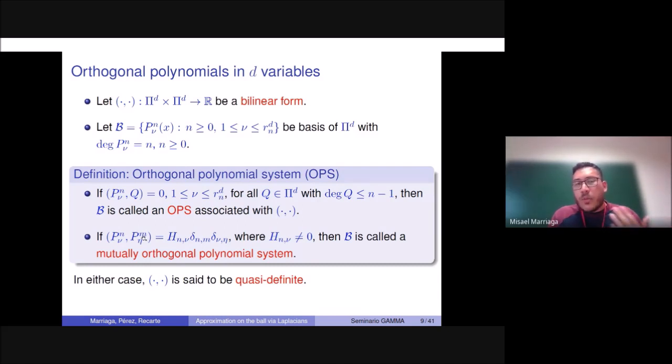These quantities denoted by h with the subindices are non-zero values, and whenever they are positive, they are squared norms of the elements of the orthogonal system. From now on, I'm just going to call them norms, even though they are norms squared, just for short.